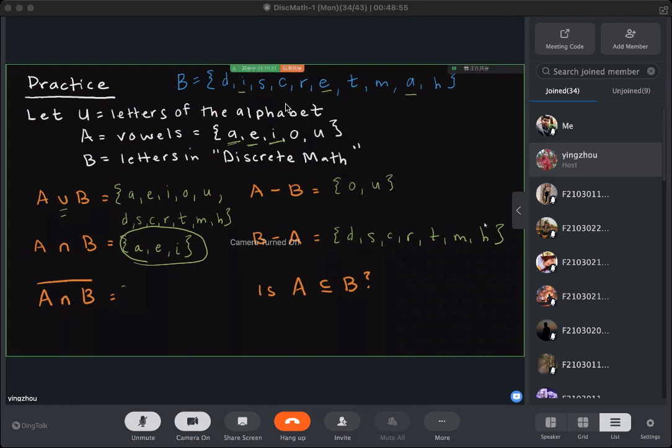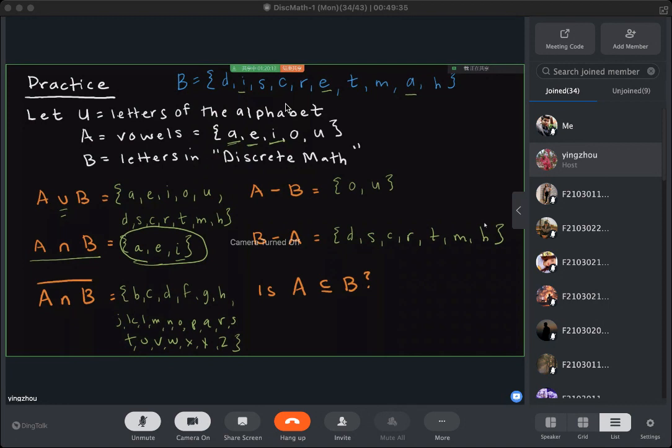So my solution there would be B, C, D. So I skipped A, I skipped E, F, G, H. I'm going to skip I, J, K, L, M, N, O, P, Q, R, S, T, U, V, W, X, Y, Z, with commas in between all. And essentially that's all of the letters of the alphabet that are not contained in the intersection. So here was the intersection, A, E, I, and all of the rest of the letters.